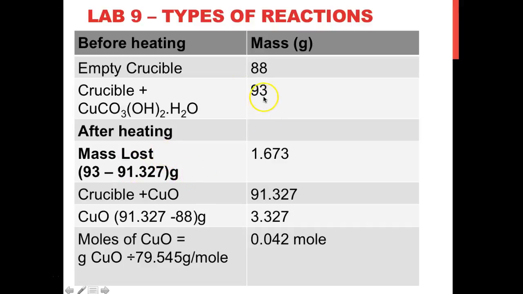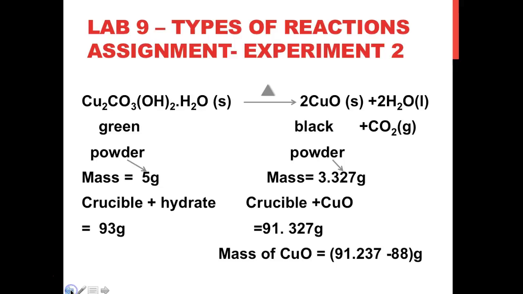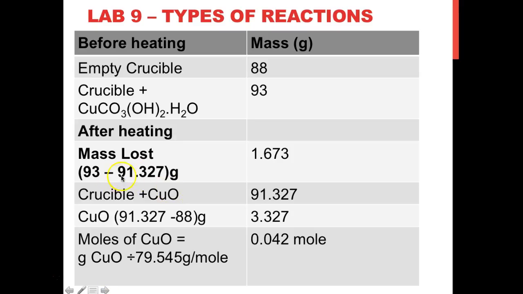So that's 93 minus the mass that you obtained after the heating process, which is 91.327, right? So 93 minus the 91.327 gives you 1.673, right?